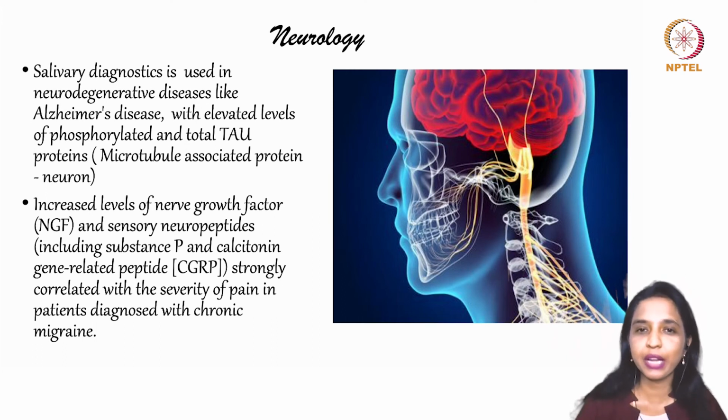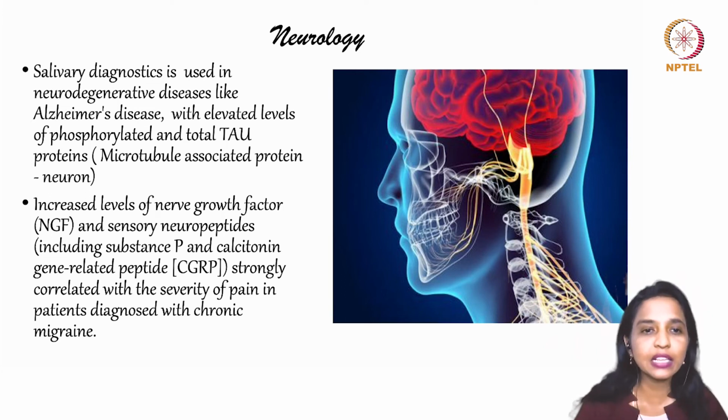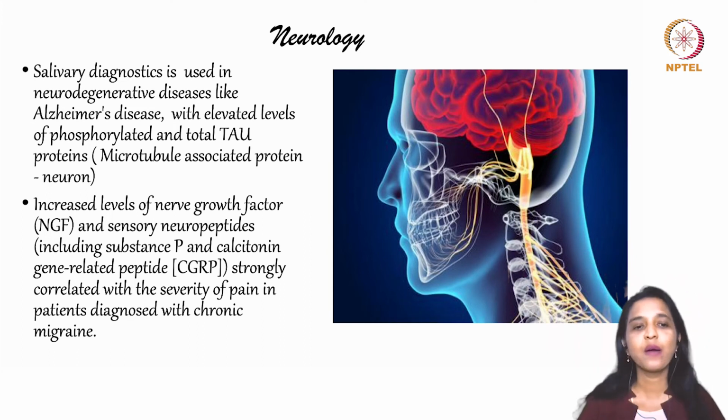We know that the brain is subjected to neurodegenerative mechanisms as we age. The most common disease here is Alzheimer's disease, which involves elevated levels of phosphorylated and total microtubule associated proteins related to a mature neuron.